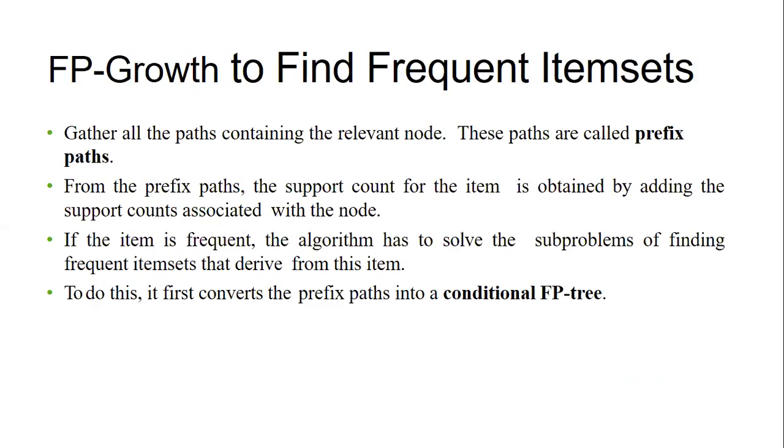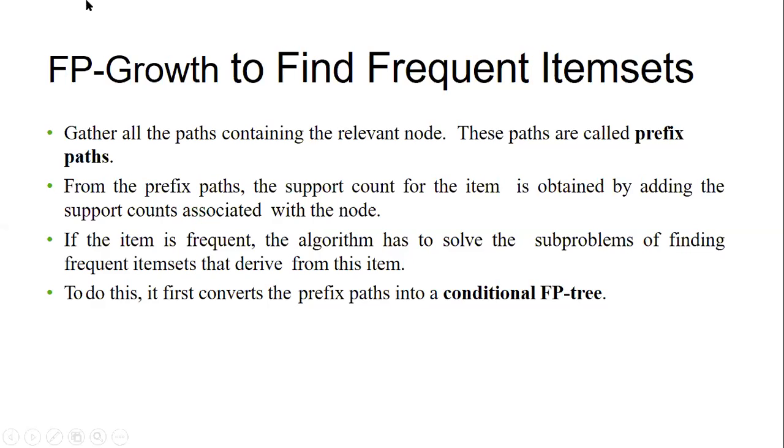So here we have to construct the conditional FP tree. We have gathered all the paths containing the relevant node. This path we call a prefix path. That's what I showed you in the previous slides.